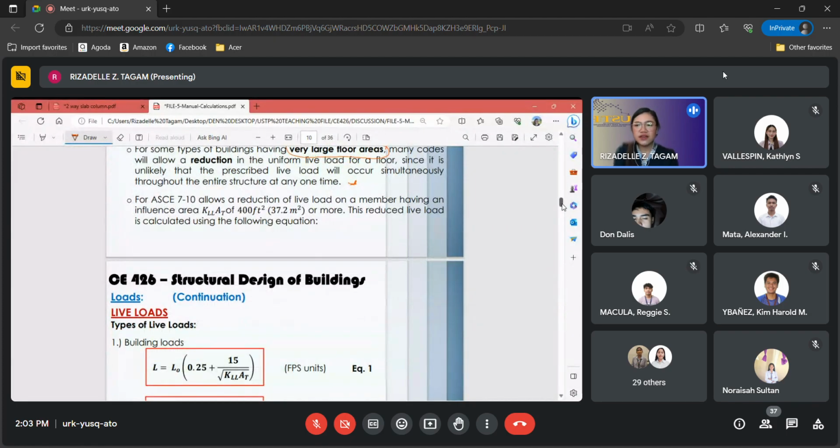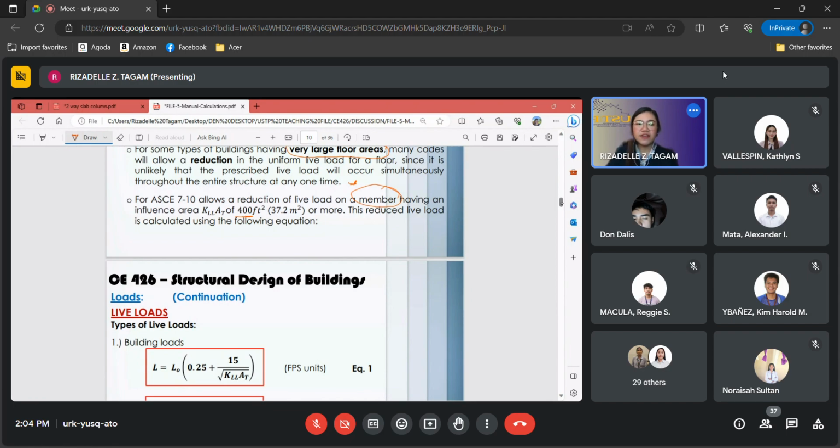So for ASCE, the American Society of Civil Engineers 7-10 allows a reduction of live load on a member. Now, on a member, like when you design a beam that has a large floor area and exceeds our limit, you can reduce the load for that beam, for that column. For beam 1, beam 2, beam 3, it is not general, it is per member.